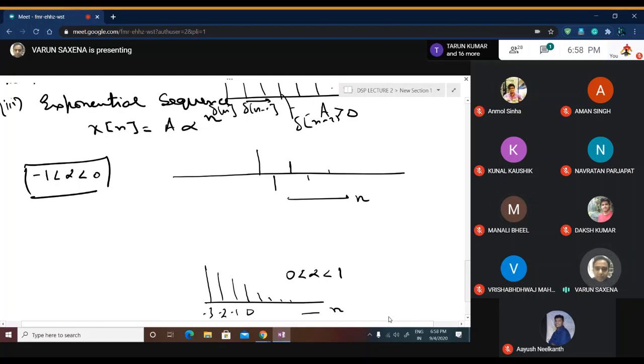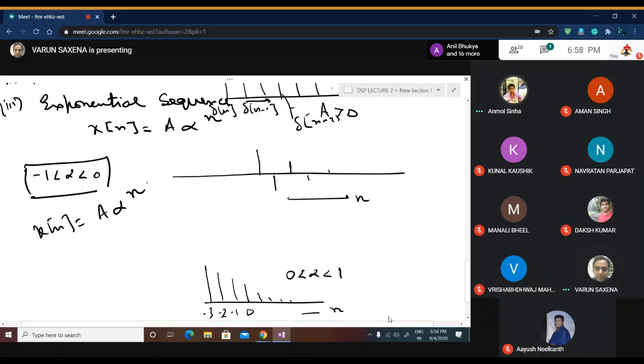Forget about whether a is greater than 0, or alpha is in some range. I give you a function, x n is a alpha to the power n. Can you give me a cos and sine in xn by specifically choosing a to be something, alpha to be something, or n to be something?